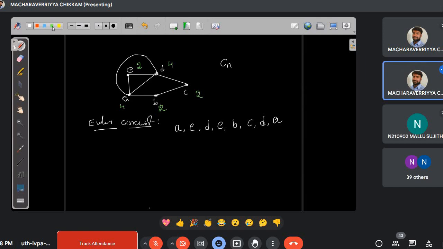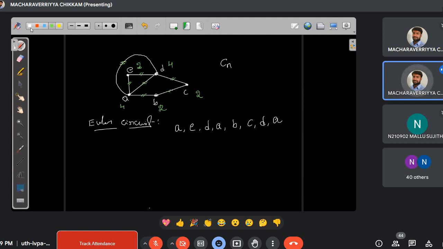You see that? First I traveled along A to E, and next E to D, and then D to A. Then A to B, and then B to C, and C to D, and then finally D to A. So we have an Euler circuit.